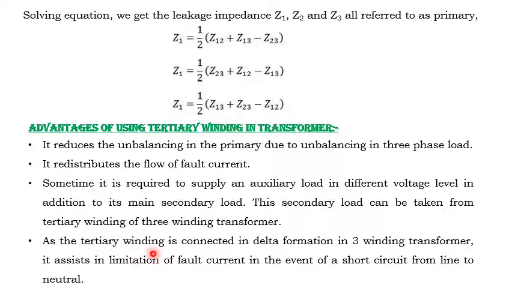And one more advantage is that as the tertiary winding is connected in delta formation in a three winding transformer, it assists in limitation of fault current in the event of a short circuit from line to neutral. So if the tertiary winding is delta connected, it limits the fault current once you short circuit the line to neutral.